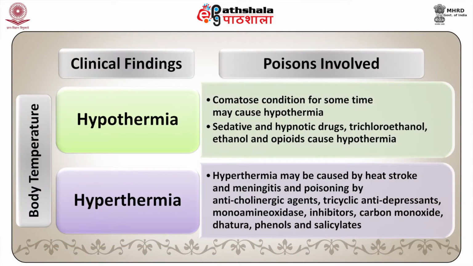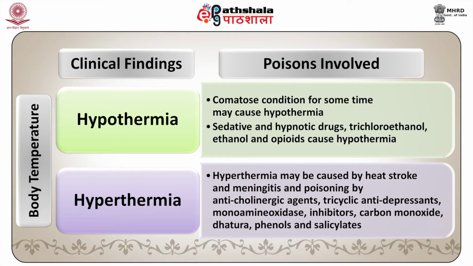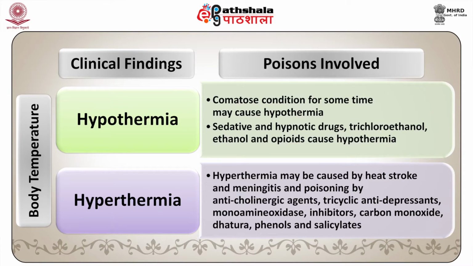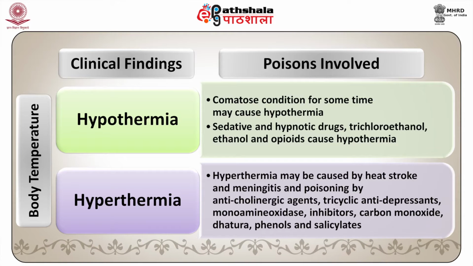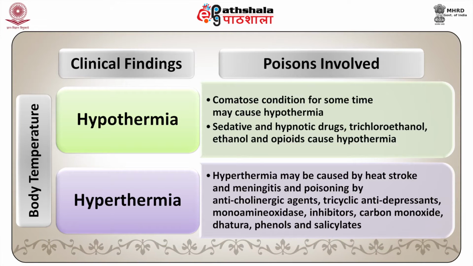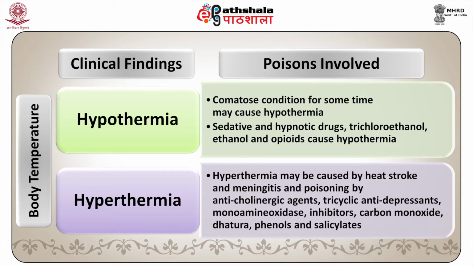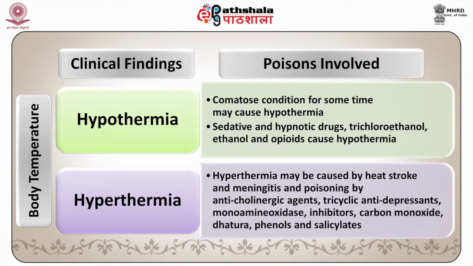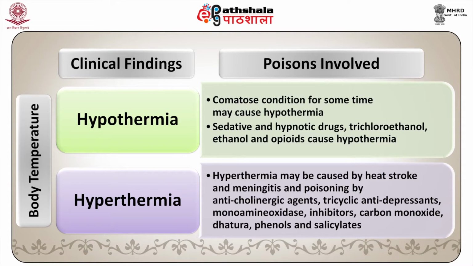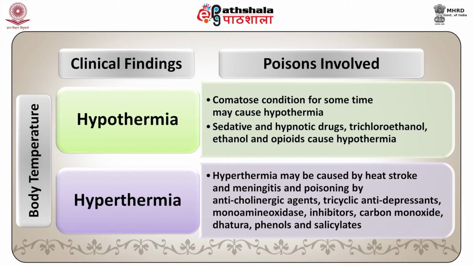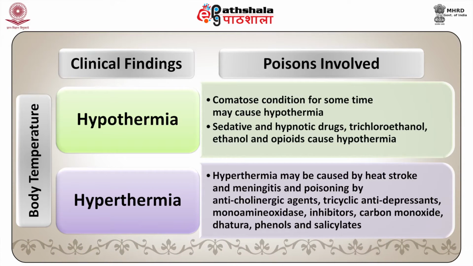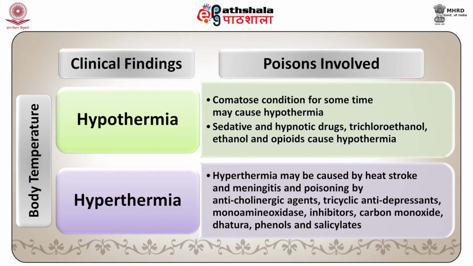Next, the changes in body temperature. If it is a case of hypothermia, then the comatose condition for some time may cause hypothermia. The sedative and hypnotic drugs such as trichloroethanol, ethanol and opioids also cause hypothermia. Next is hyperthermia.